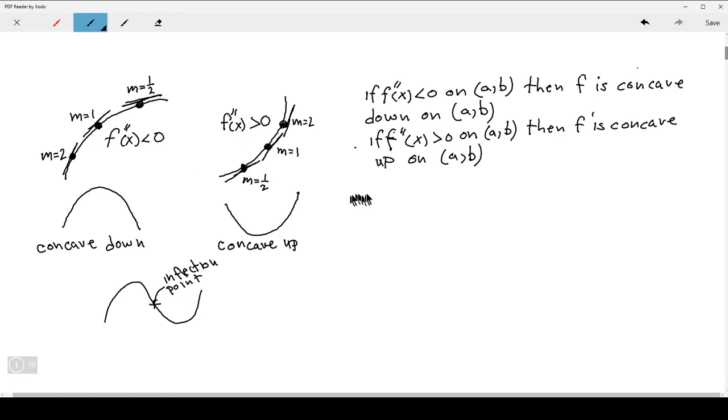All right, so we're going to define an inflection point. An inflection point. I did it again, infection. I've got that on my head right now. Inflection point is a point where the function changes concavity.